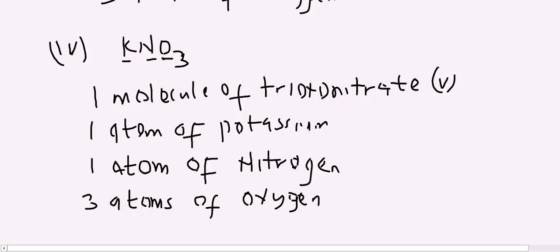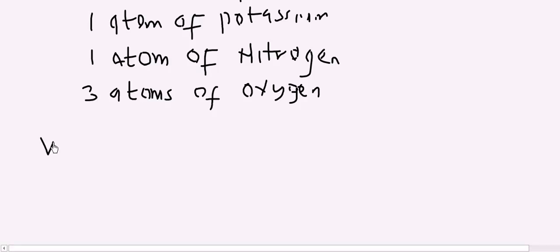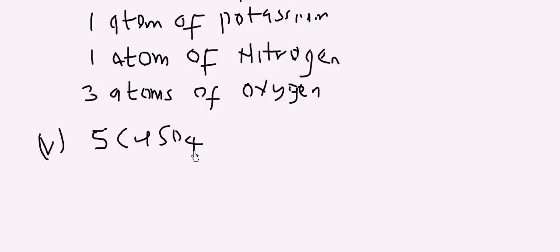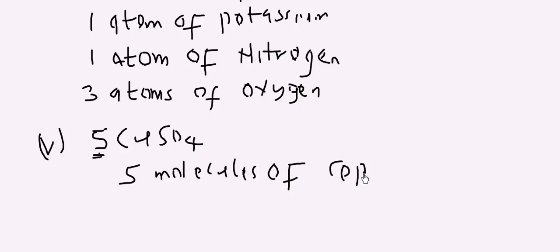So if I have 5CuSO4, this means 5 molecules of copper 2 tetraoxosulfate 6. 5 here, 5 molecules of copper 2 tetraoxosulfate 6.